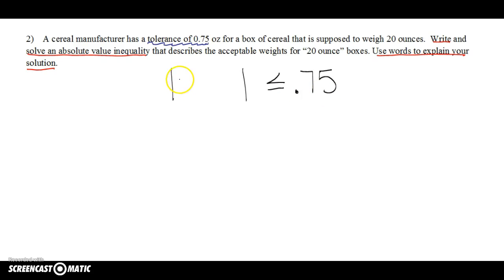And our actual weight can only differ from the 20 ounces by 0.75. Let's solve.